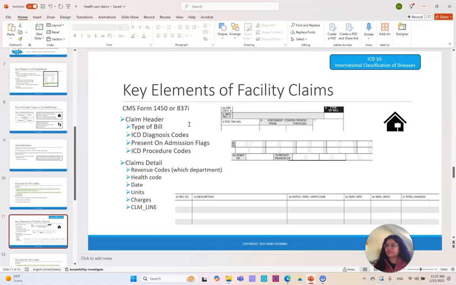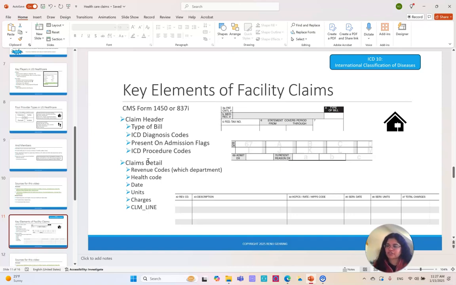Or if you're looking in a database and you have all your data there, then you will most likely have a file with the claim header and a file with the claim detail. And if it's not organized like that, you might have a different way of organizing it where you have the claim header and the claim detail joined together. And a little bit more on that later.